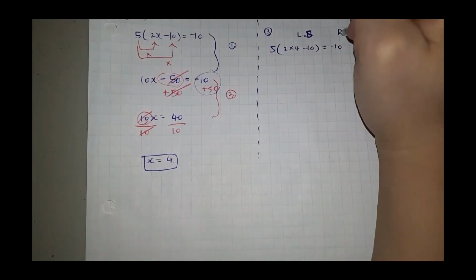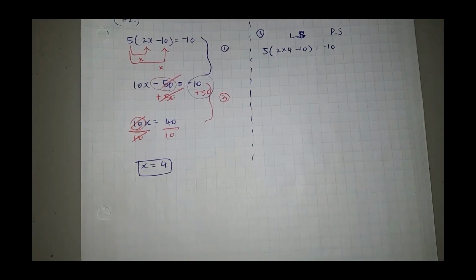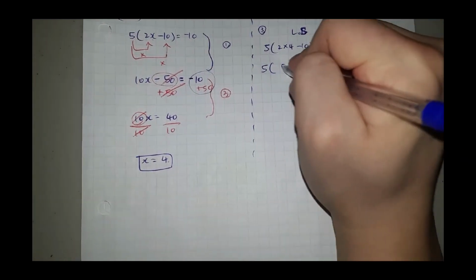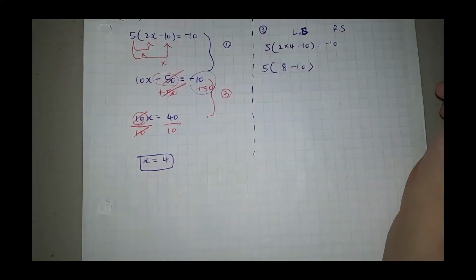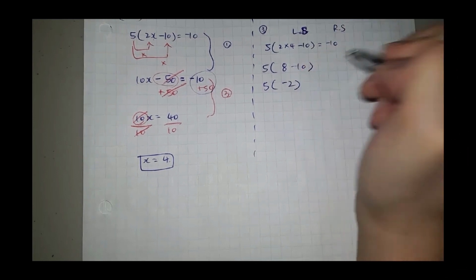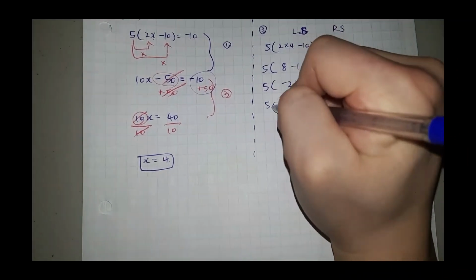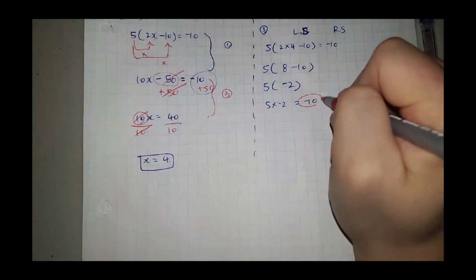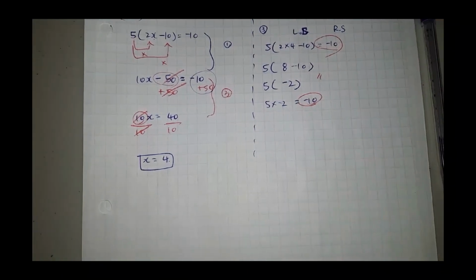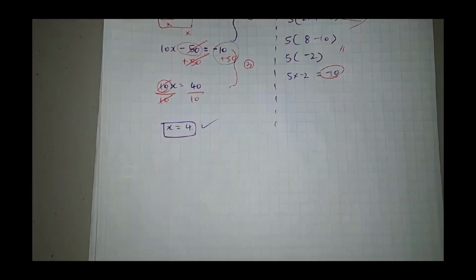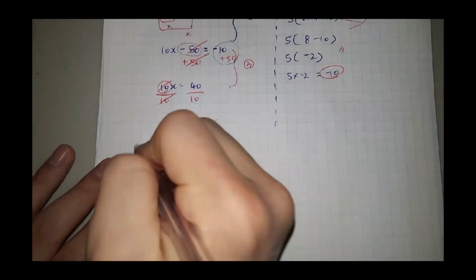Left side, right side, they should be equivalent. 4 times 2 is 8, minus 10. 8 minus 10 is equal to negative 2. 5 times negative 2 is equal to negative 10. I just double checked that minus 10, they're equal. So x is equal to 4 is on the right track.